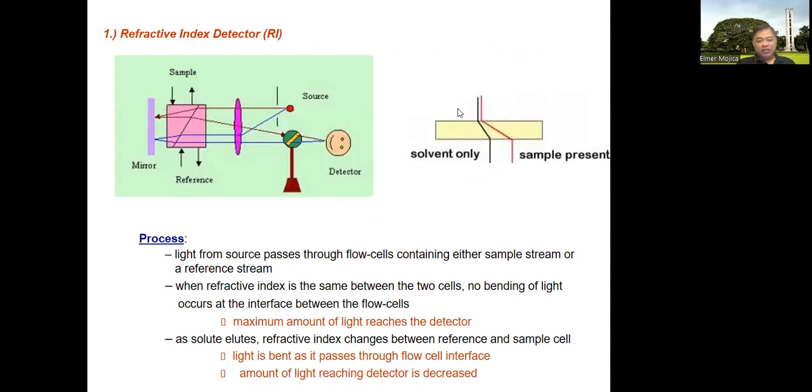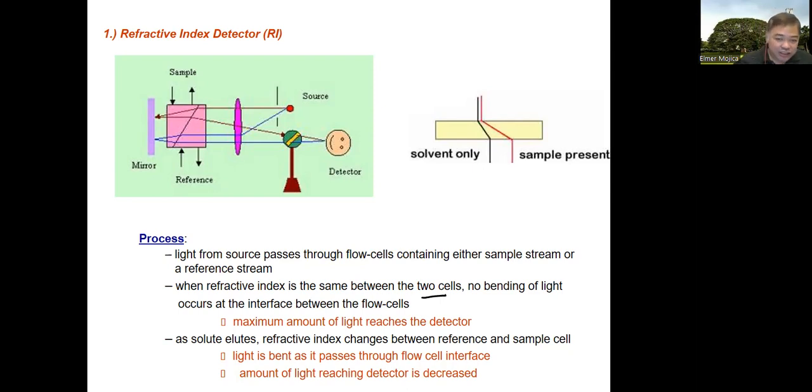So if you're going to look at the process here, refractive index, there's a light interaction. I-refract niya yung light. Okay, so the light from the source passes through flow cells containing either the sample stream or the reference stream. So when the refractive index is the same between the two cells, no bending of light occurs at the interface between the flow cells.